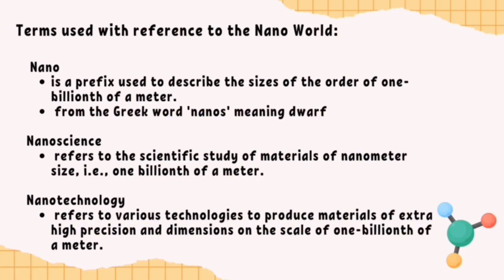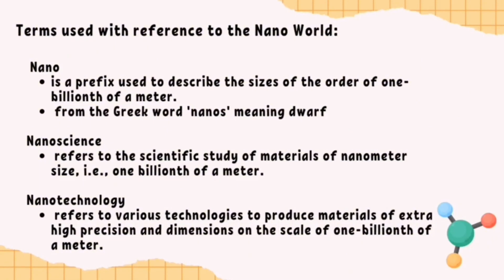First is nano. It is a prefix used to describe sizes of the order of 1 billionth of a meter. The prefix nano is nanometer, with a scientific notation of 1 times 10 raised to negative 9 meters. Nano is from the Greek word nanos, meaning dwarf.